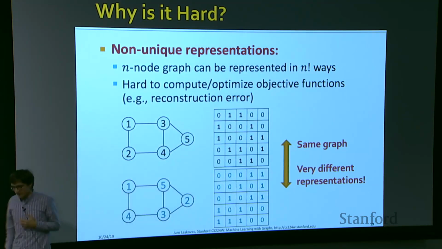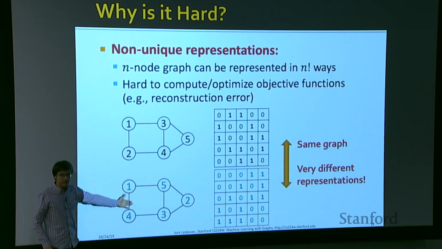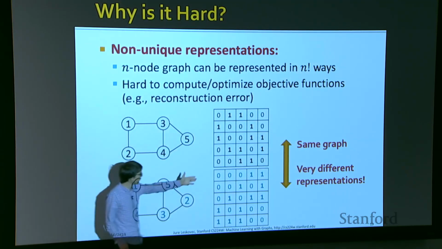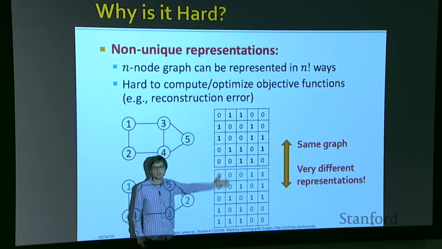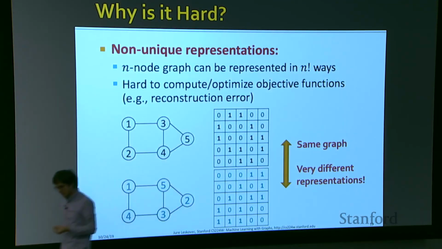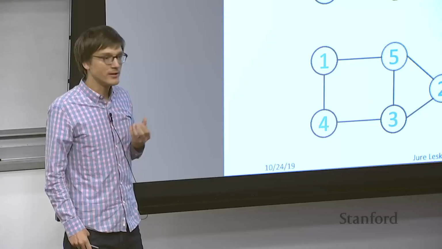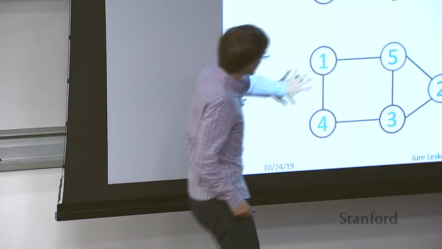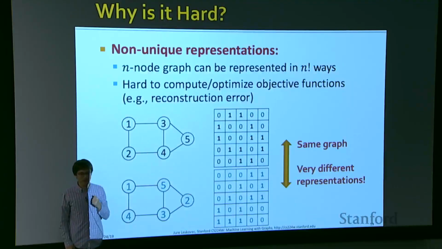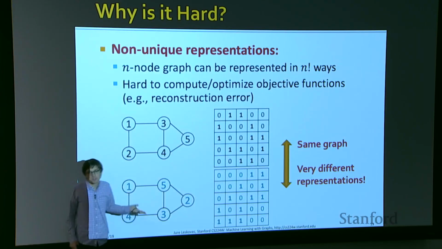So what's the point? The point is that I have the same graph, but two wildly different representations of it, two very different adjacency matrices. It's not clear what to do, because this ordering of the nodes is totally arbitrary. I can number them this way, I can number them some other way.